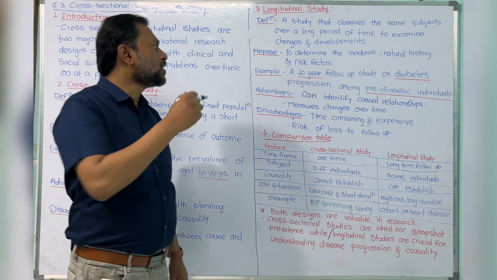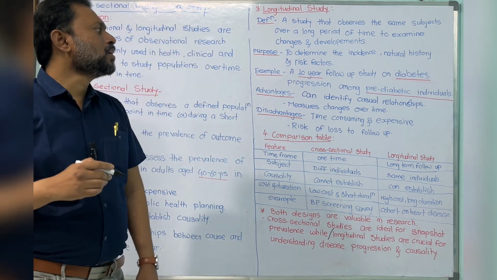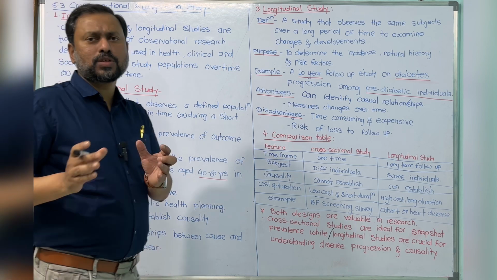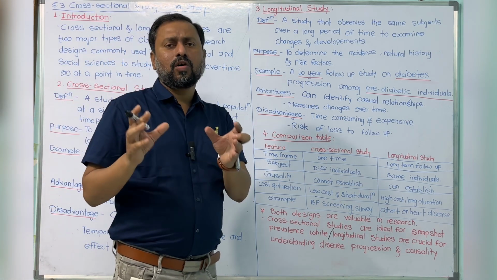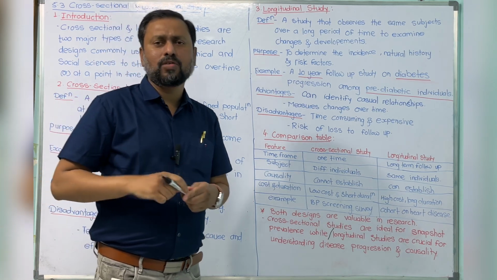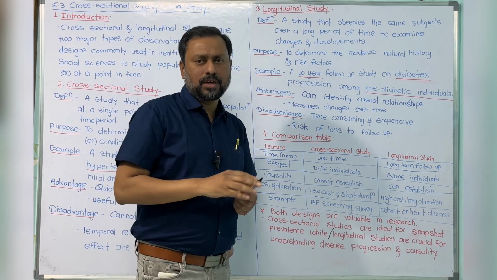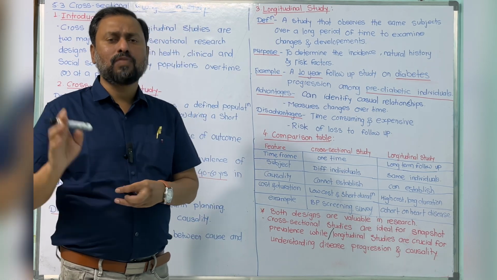For example, you can take a 10-year follow-up study of diabetes progression among pre-diabetic individuals. Suppose in your city, town or village, among 10 to 20 patients you observe the pre-diabetic patients. Suppose their HbA1c is around 5.5 or 6.